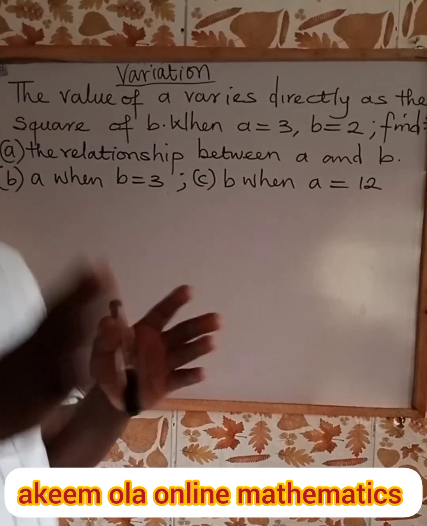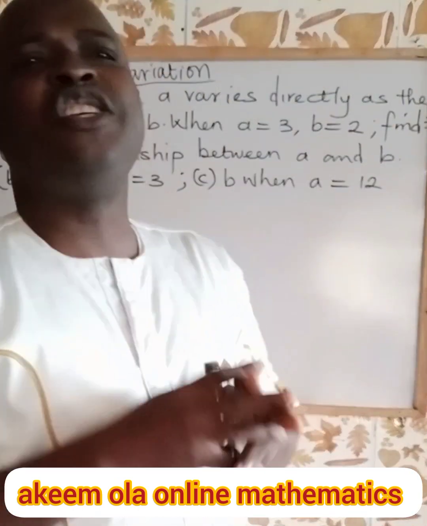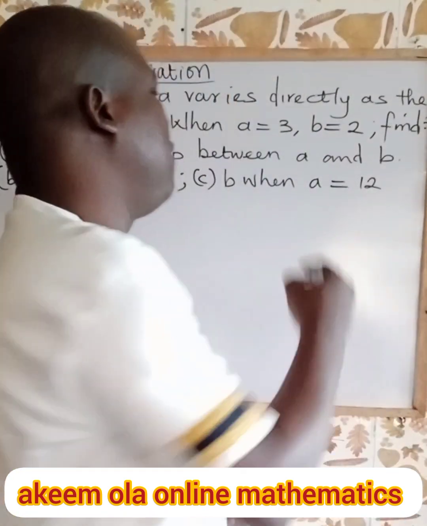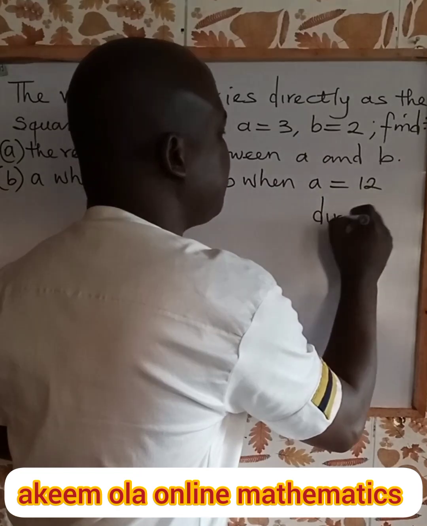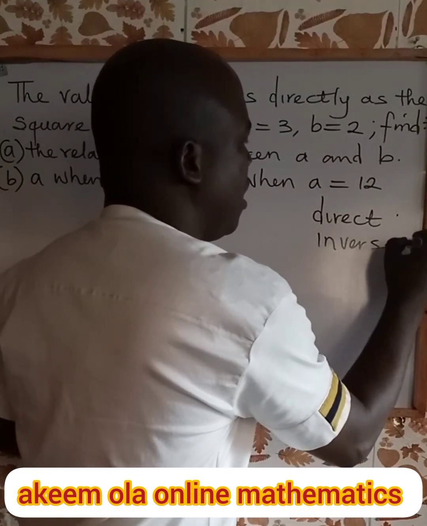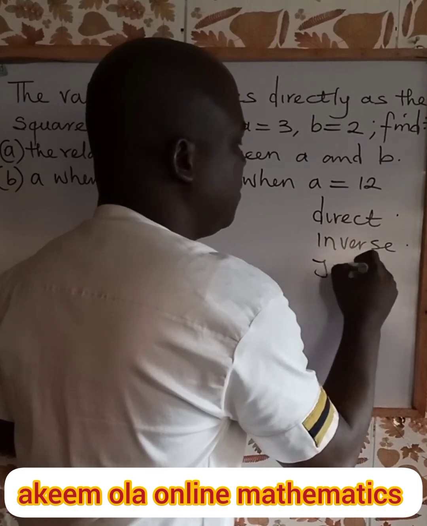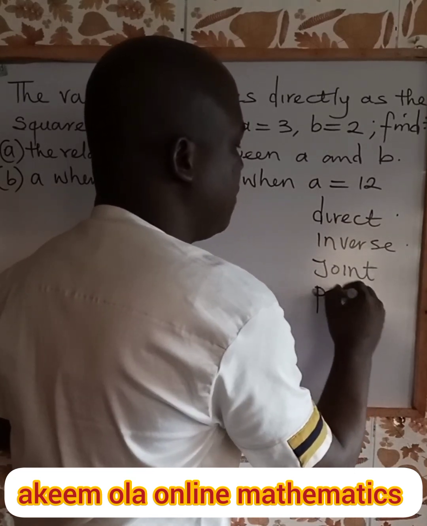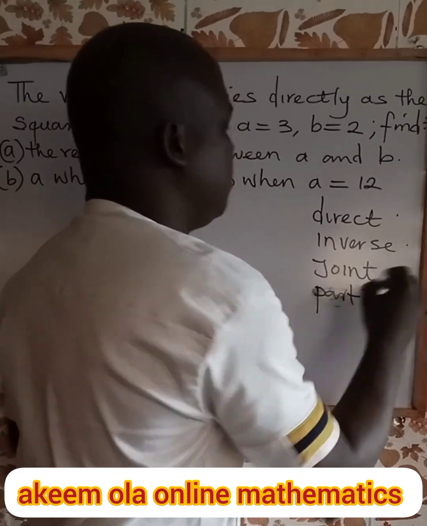Now, variation can be divided into, I think, four types of variation. We have the direct variation, we have the inverse, we have the joint, and we have the partial variation.